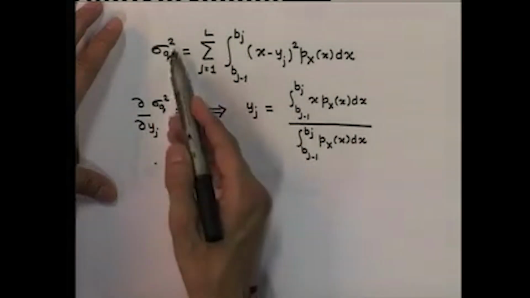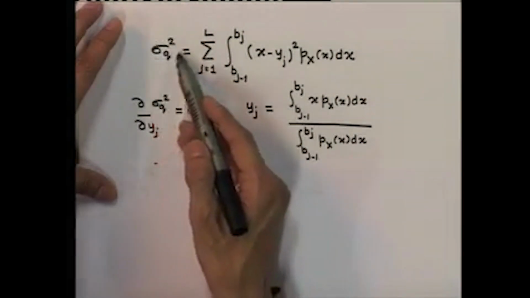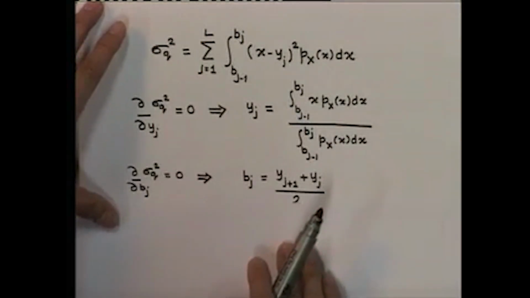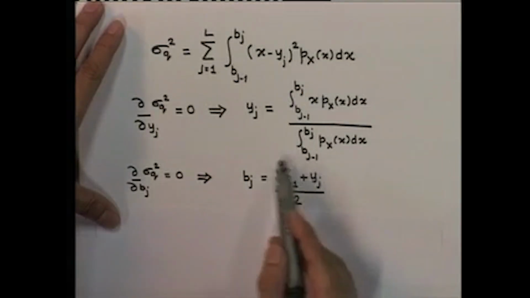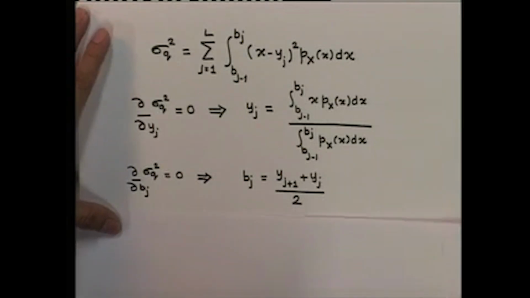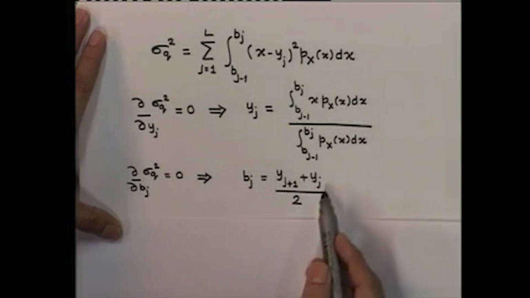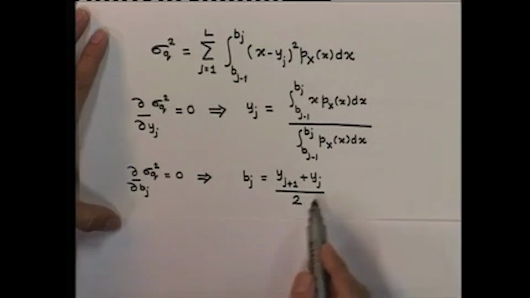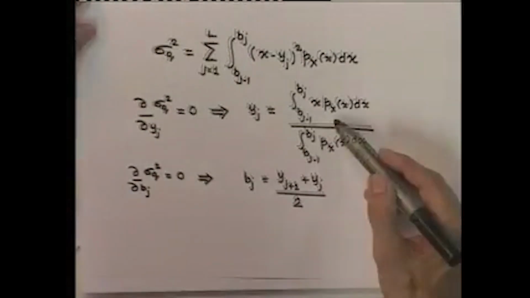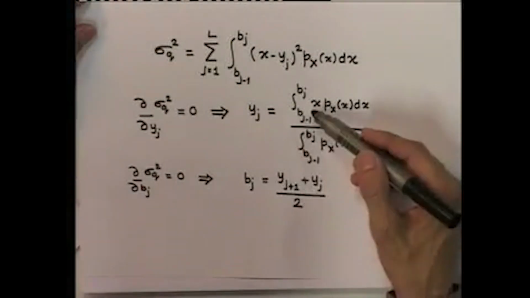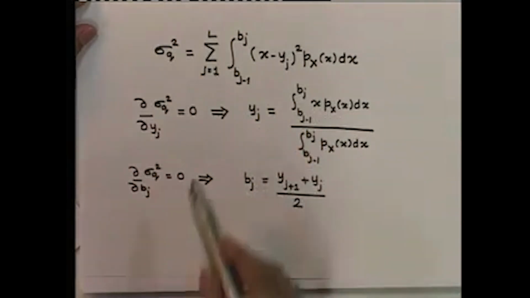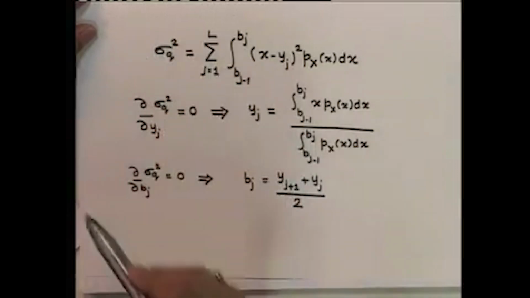Similarly, taking the derivative of the mean square quantization error with respect to b_j and setting it equal to 0, we get an expression for b_j as follows. This expression suggests that the decision boundary is simply the midpoint of the two neighboring reconstruction levels. Solving these equations will give us the values for the reconstruction levels and decision boundaries that minimize the mean squared quantization error.